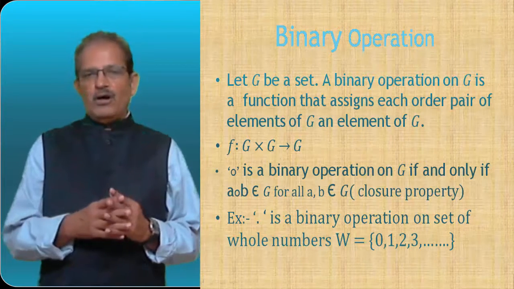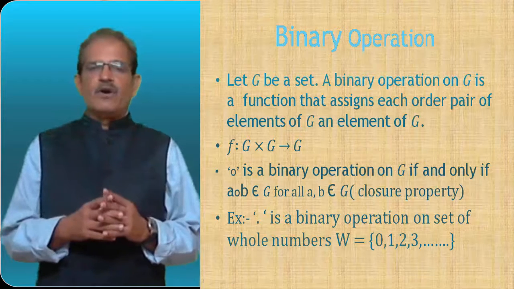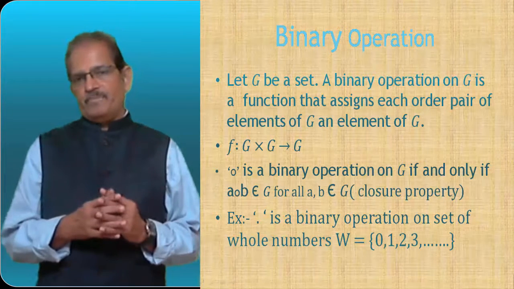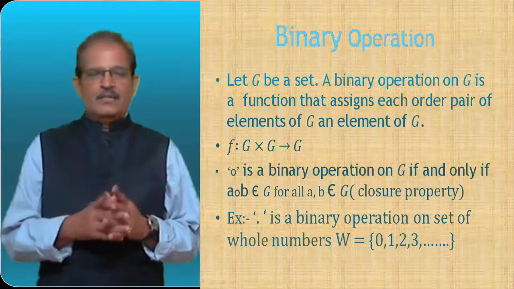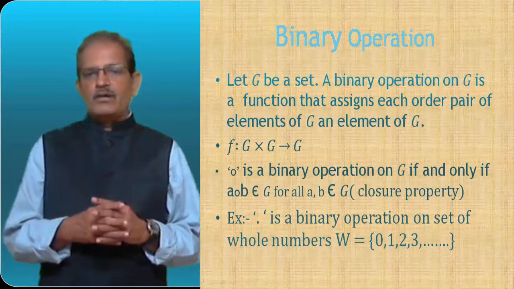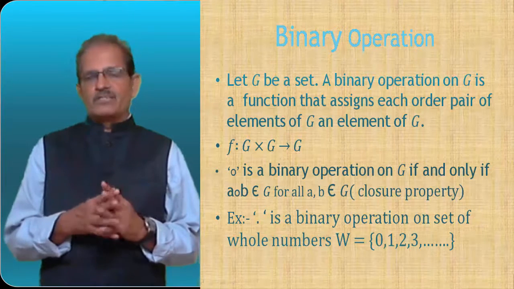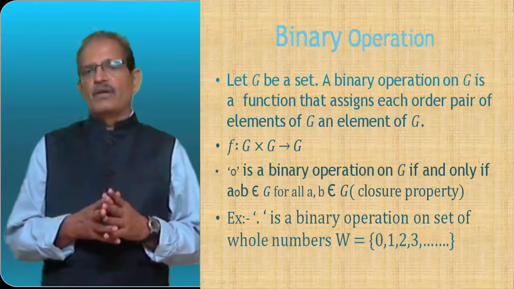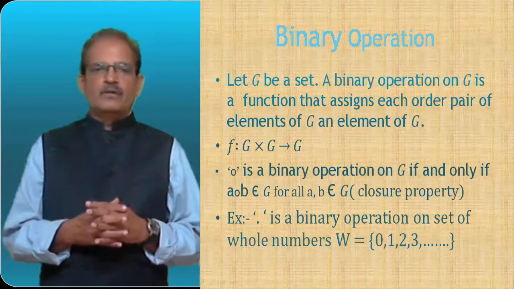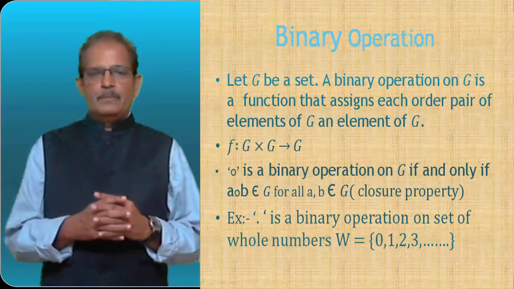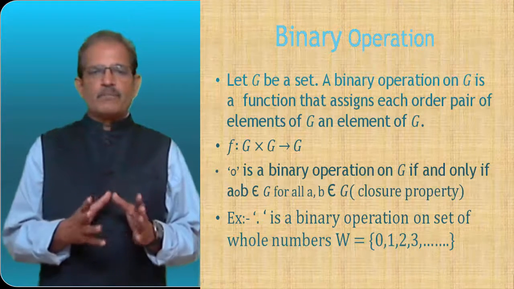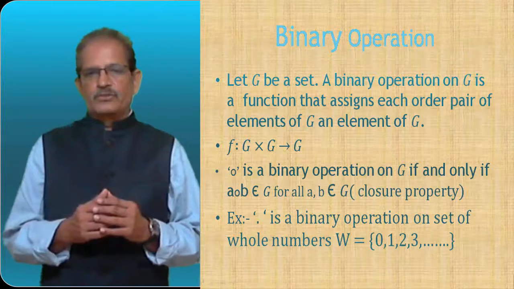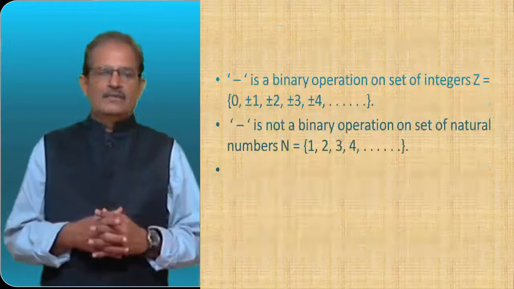Right from 0, all positive integers form set of whole numbers. In that set, dot is a binary operation. Why? Because you take any two numbers and multiply them. The result is also a whole number. So therefore, in the first case, closure property is satisfied. So therefore, dot is a binary operation.